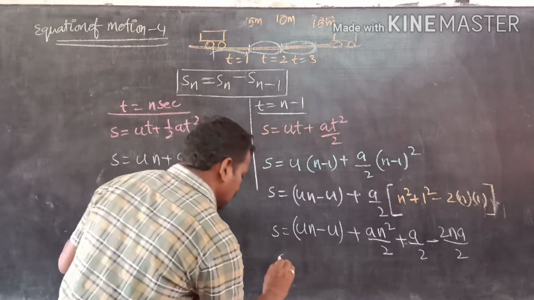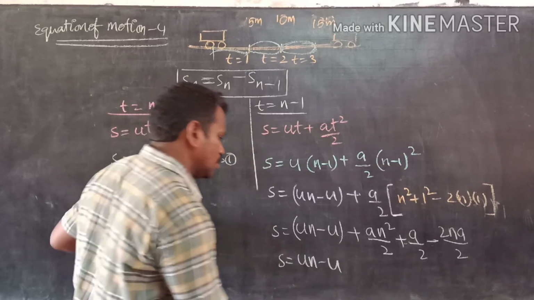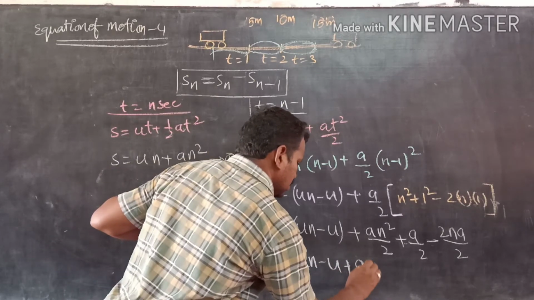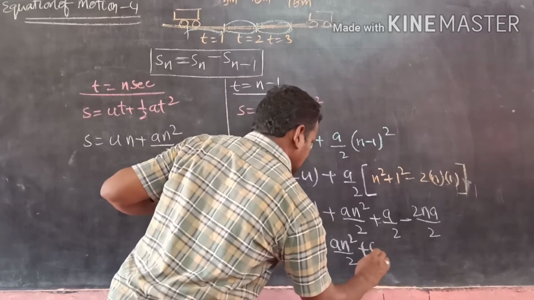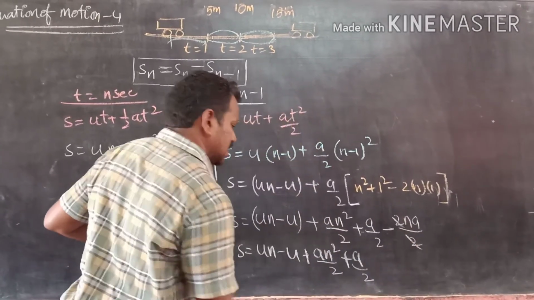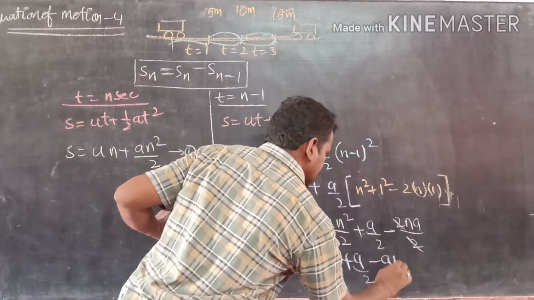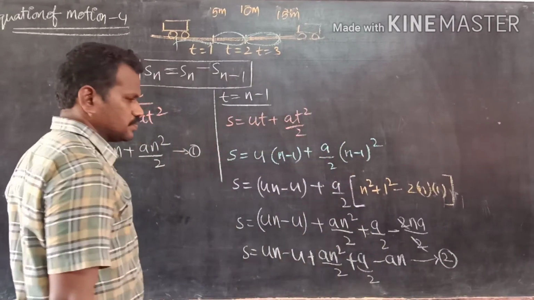Now next step, S is equal to un minus u plus an square by 2 plus a by 2. Here 2 will get cancelled, we get minus an. This is equation 2.